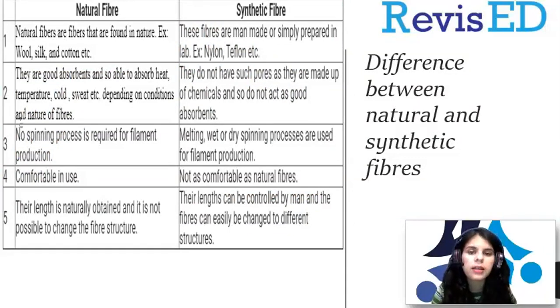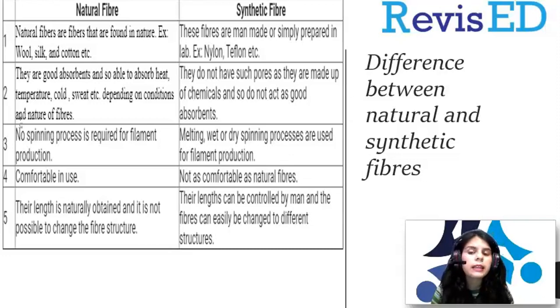Synthetic fibers are made or prepared in a lab, like nylon and Teflon. The rope in your house on which your mothers hang your clothes is a nylon rope, right?